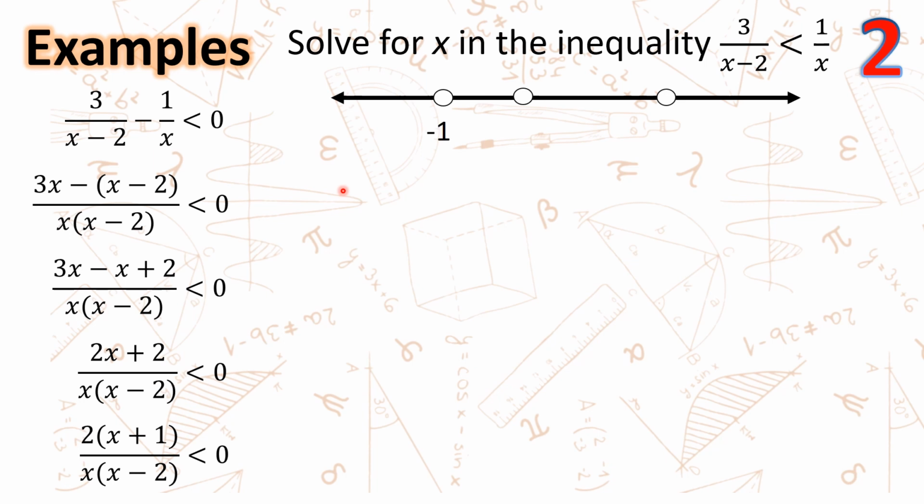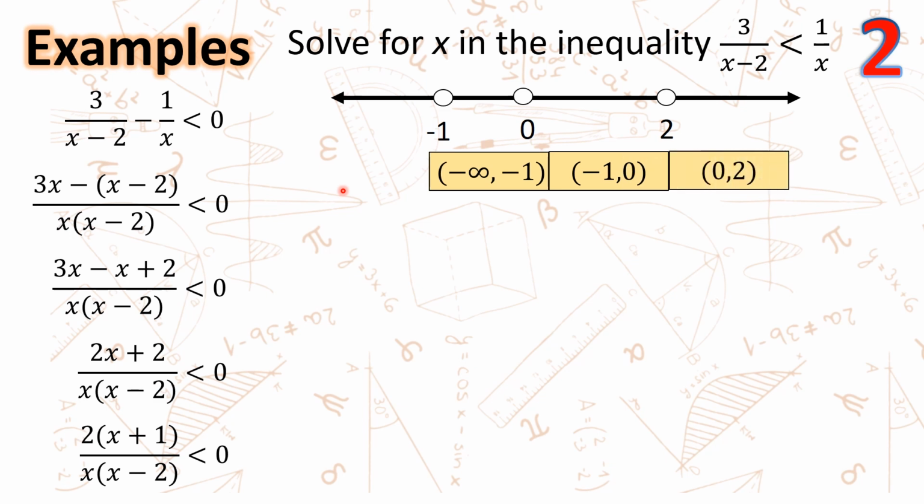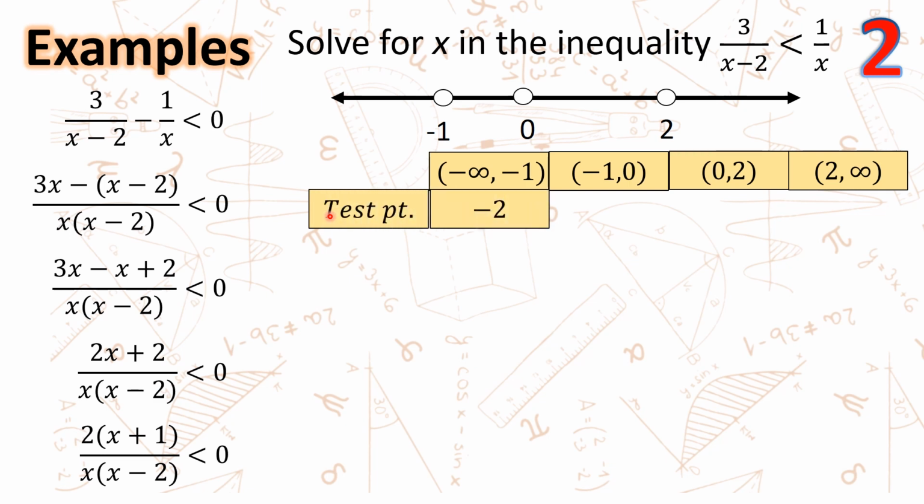Therefore, in the number line, we'll have -1, 0, and 2. That divides the number line into 4 intervals, which are negative infinity to -1, -1 to 0, 0 to 2, and 2 to positive infinity. So let us have our test points.